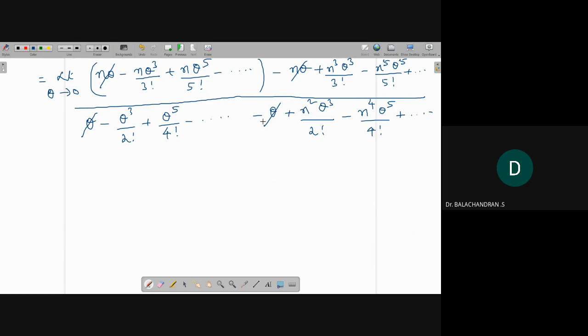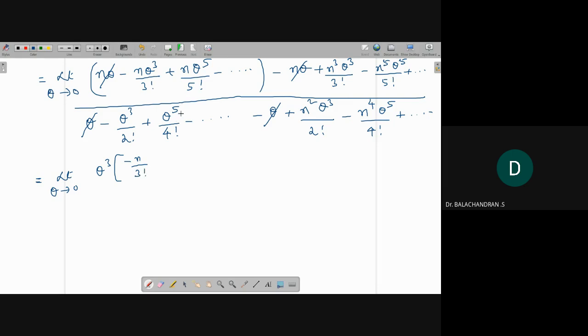Okay, and then what is common in the numerator? Theta cube, theta power 5. Yes, theta cube is common. If I take theta cube common, then you have what? Minus n by 3 factorial here.